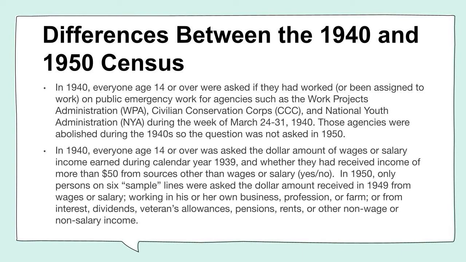In 1950, only persons on the 6 sample lines were asked the dollar amount earned or received in 1949, whether from working in their own business, profession, or farm, or from interest, salaries, veterans' benefits or allowances, pensions, rents, or other non-wage or non-salary income. So it was a vast amount of information about how people were working and earning money in 1940.